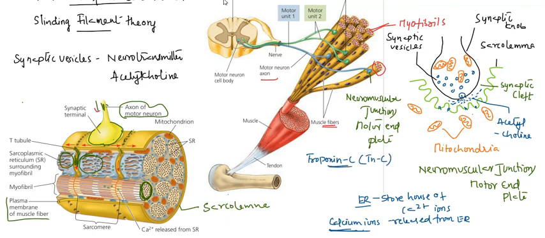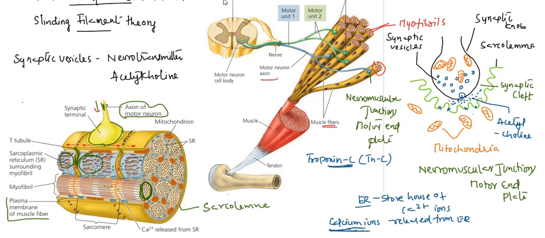So when calcium ions are released, those calcium ions will go and bind to troponin C, and the binding of calcium ions to troponin C will result in the opening of active sites.